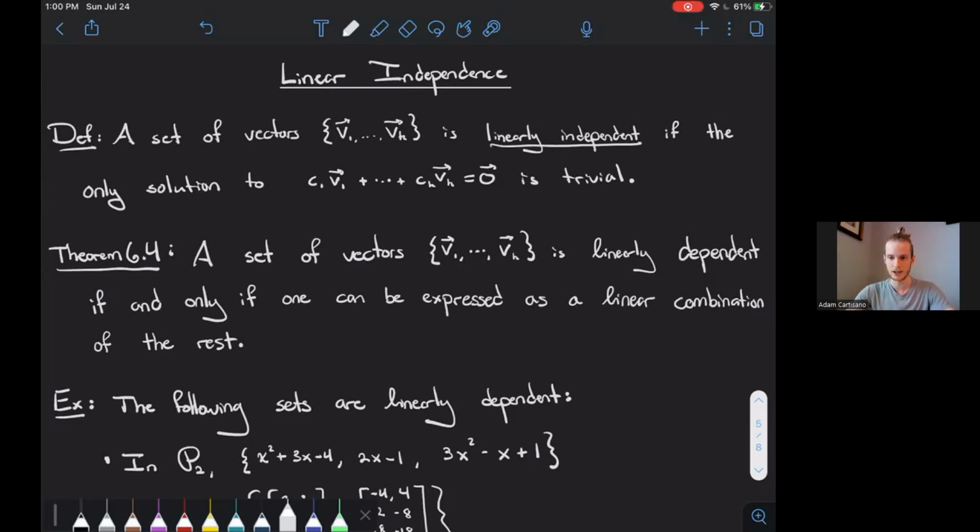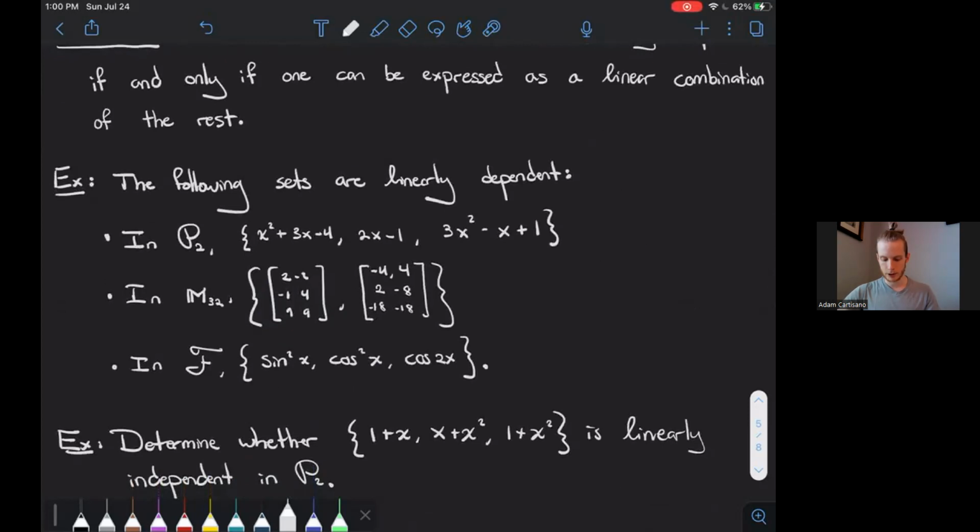You just ask, can one of my vectors be written as a linear combination of the other ones? If the answer is yes, the set is linearly dependent. To show this gives a non-trivial solution, just subtract the vector you wrote as a linear combination from both sides. Its coefficient will be -1, which is non-zero, so there is a non-trivial solution to this equation.